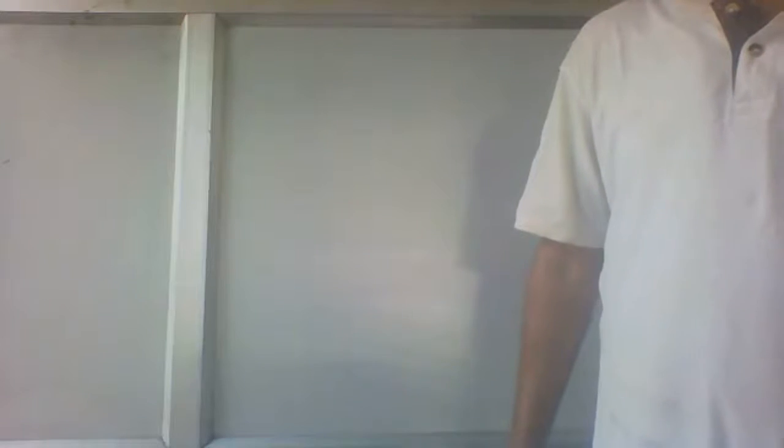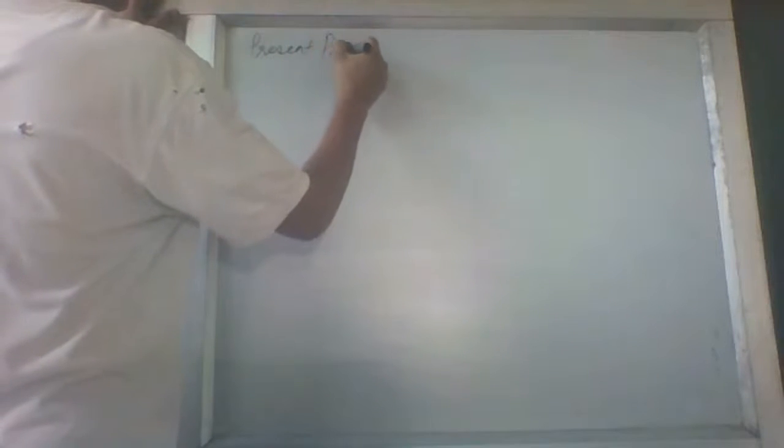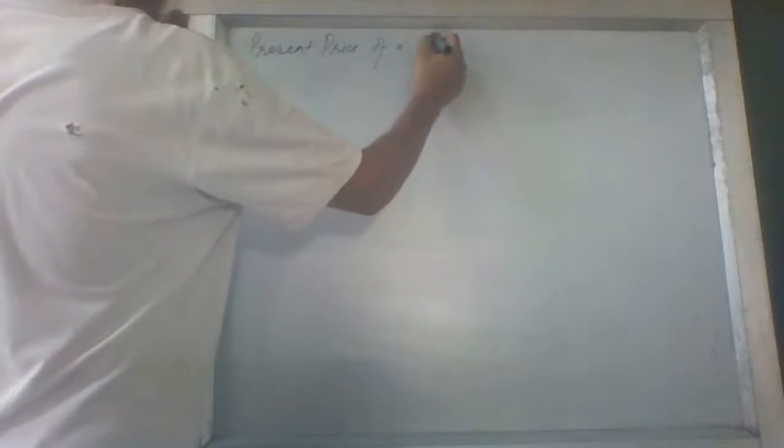So the next question: if the population of a town is decreasing by 6.25%, this is a question I discussed 2 days before. So I have to go for the next question. The present price of a scooter is 7,290 rupees.